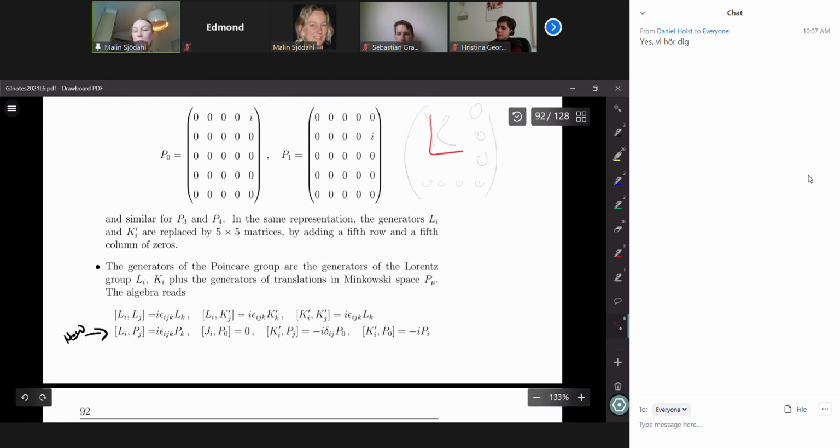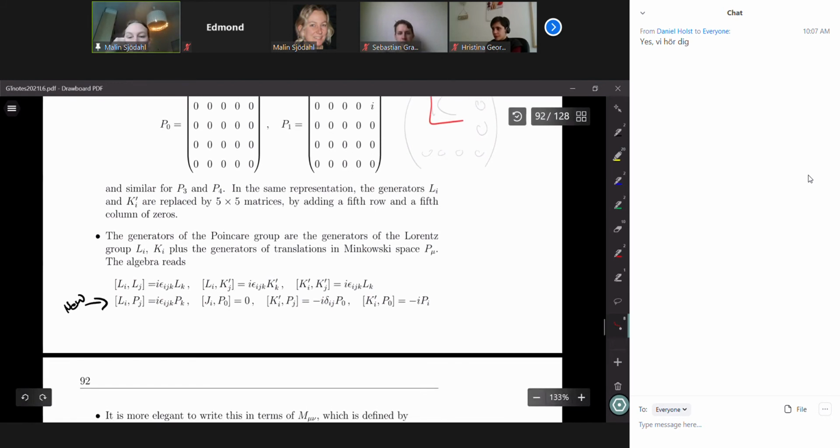So actually this now looks quite complicated. I think it is quite complicated, but there is a way of condensing these equations and writing them in a neater form.